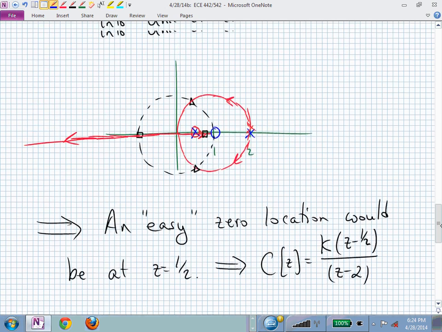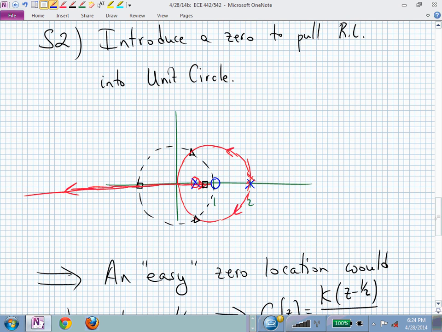And if you had your sketch drawn accurately, and you had your dividers or an accurate ruler, you could simply measure the length from there to there, square that distance, divide it by 2, and divide it by that distance. And that would be the gain k to get you to that triangle. And you could do that graphically.